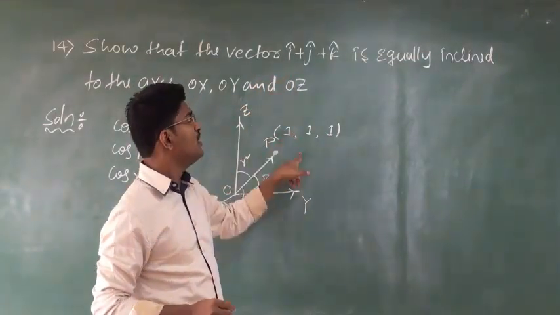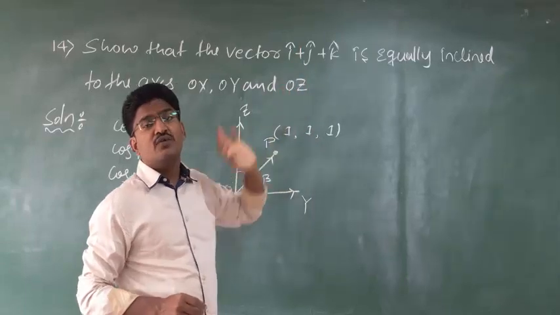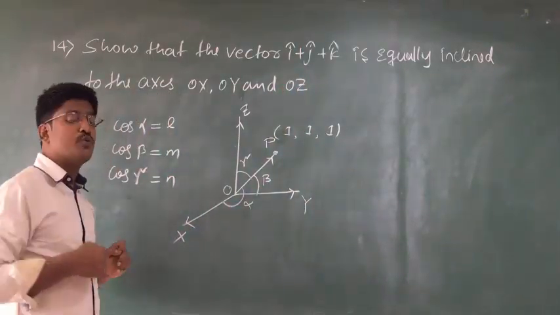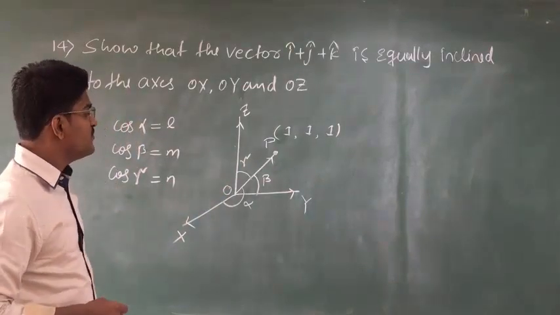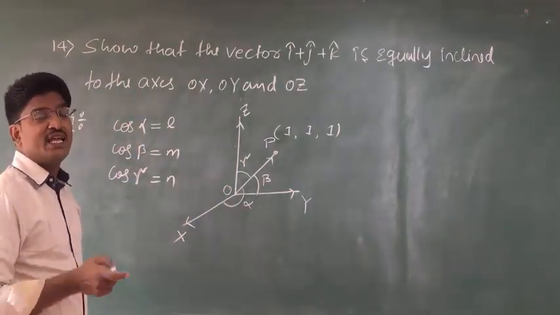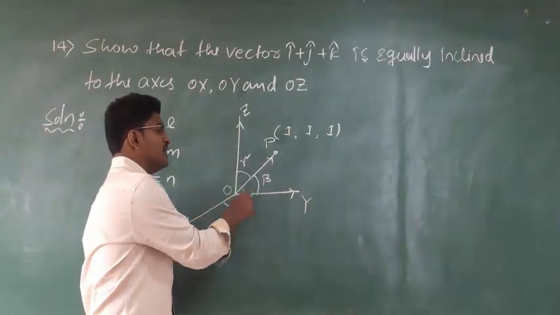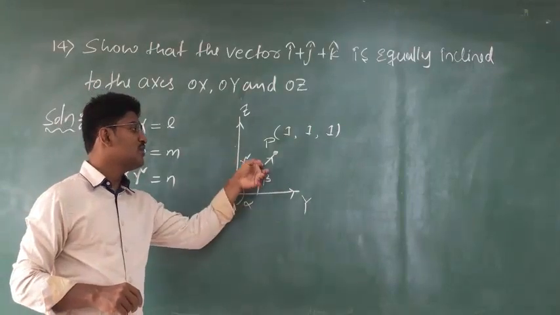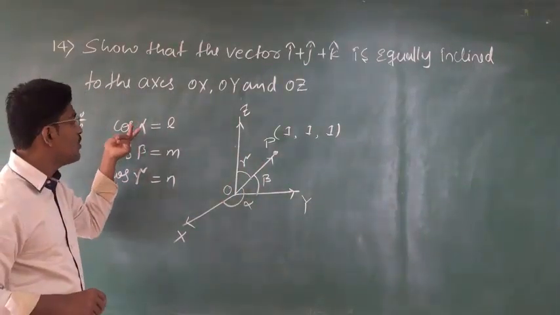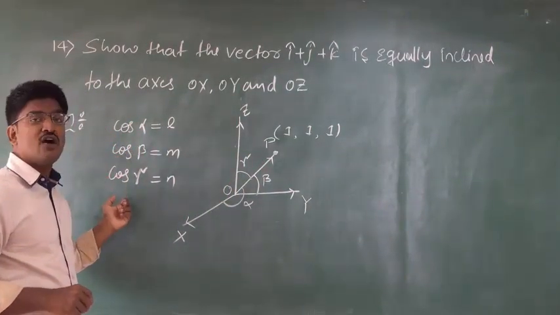X value is 1, Y value is 1, Z value is 1. Now I want to prove that it is equally inclined. If you want to show that it is equally inclined, you have to show alpha equal to beta equal to gamma. Then you have to find cos alpha, cos beta, cos gamma.